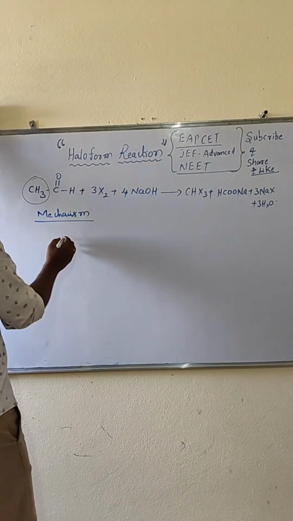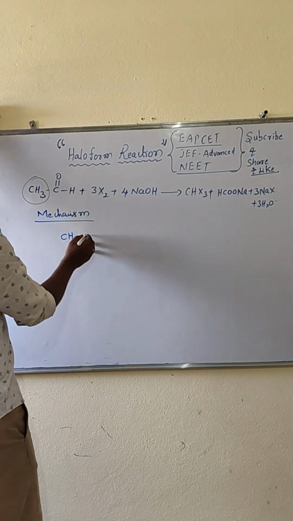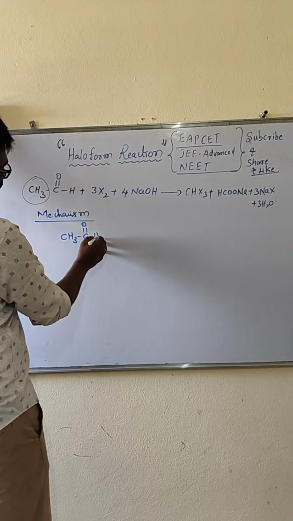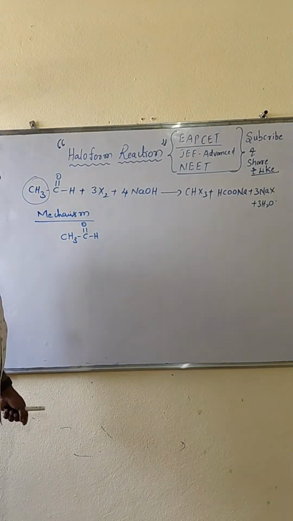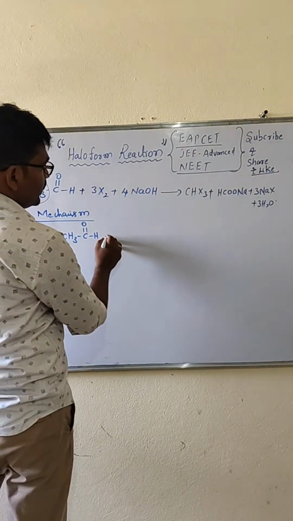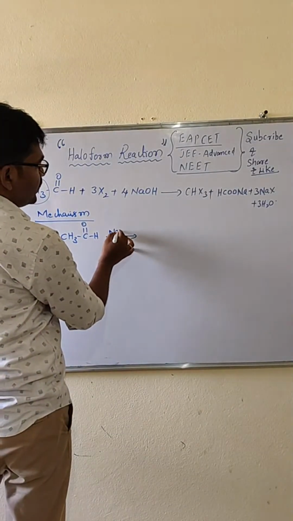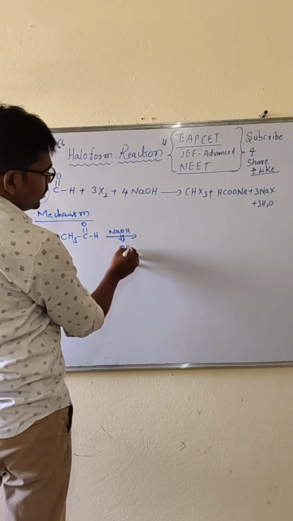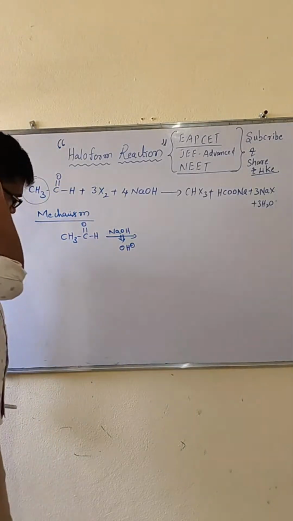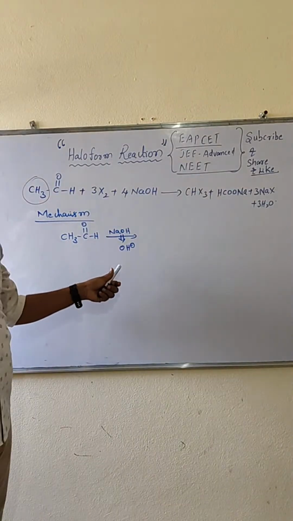So first we took an aldehyde, CH3 C double bond O H, aldehyde. When it is treated with 1 mole of NaOH, OH minus is involved in the reaction.